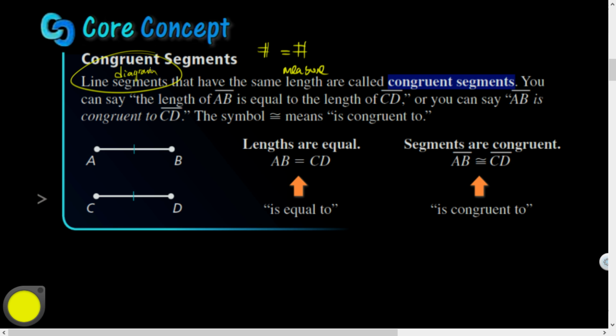The object is congruent to another object if its length is equal to the other object's length. So you can say that the length of segment AB is equal to the length of segment CD. Equality applies to numbers. Okay?